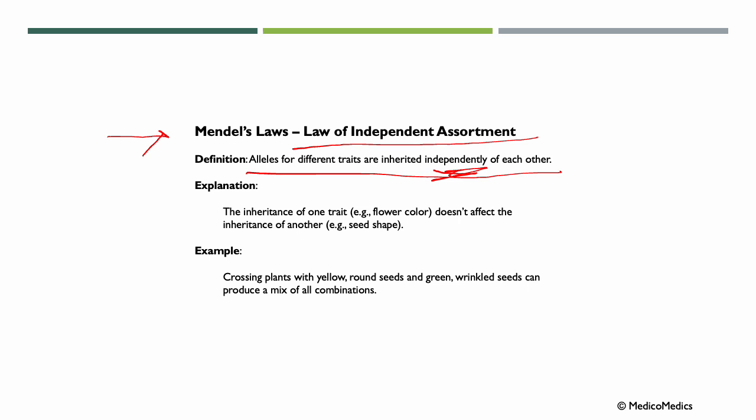They're passed on separately. So the inheritance of one trait, like flower color, doesn't necessarily affect the inheritance of another, like seed shape. So crossing plants with yellow, round seeds and green, wrinkled seeds can produce a mix of all combinations.